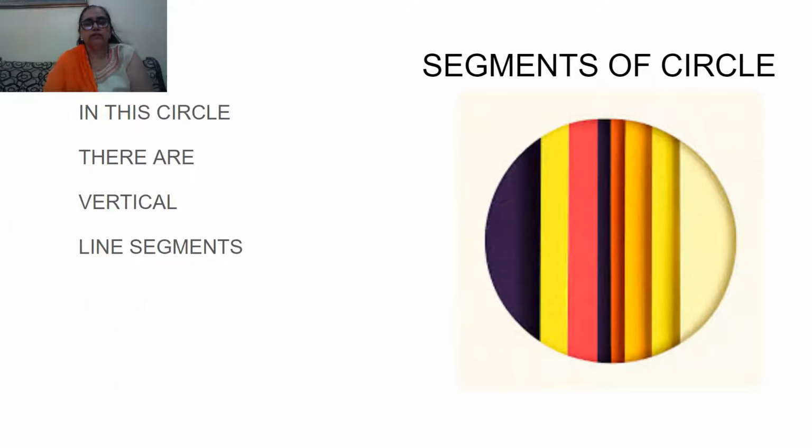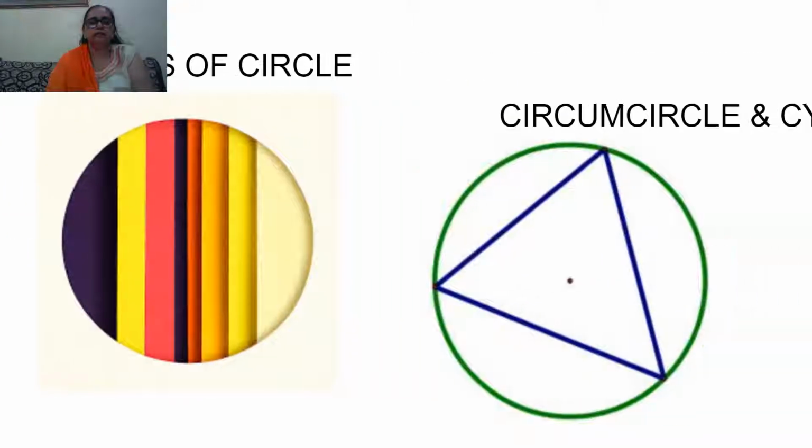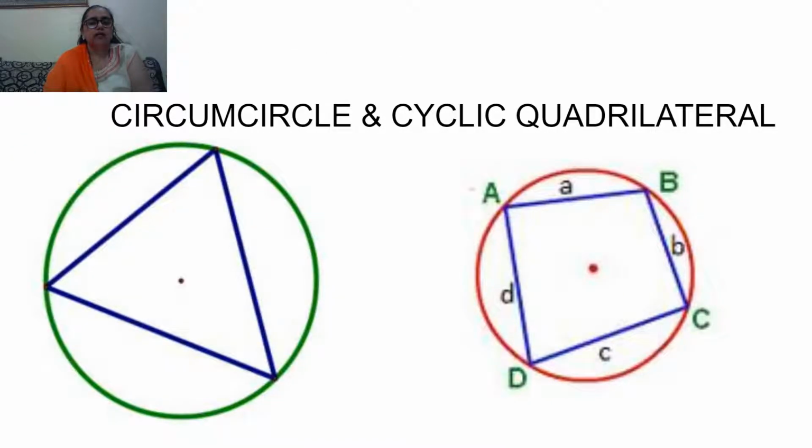Here in this picture you can see that vertical strips are there of different colors. Imagine a line segment between the two regions which separates the different color strips. Now we'll see some polygons.